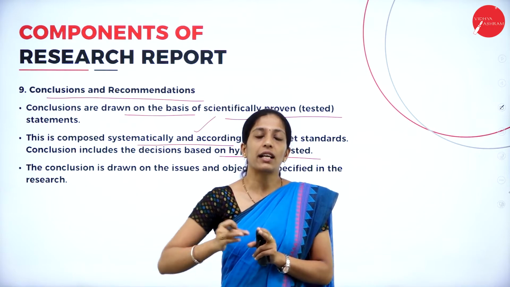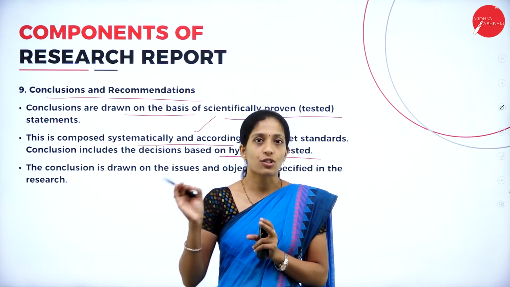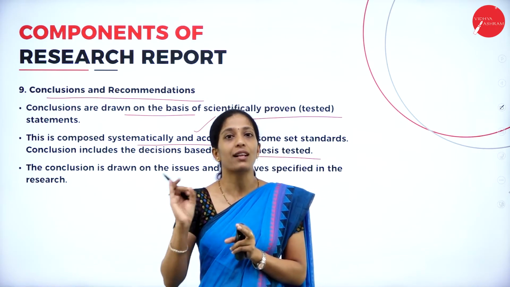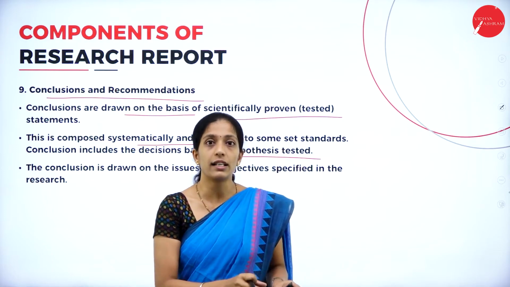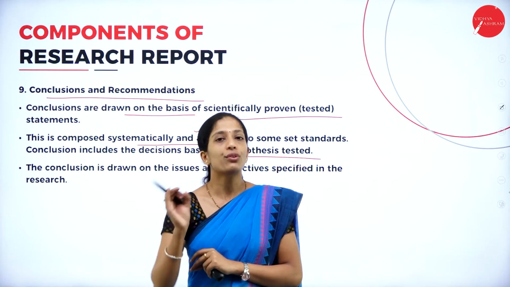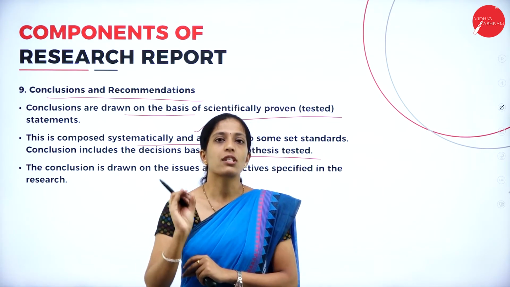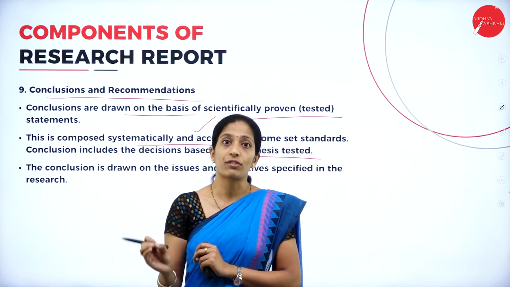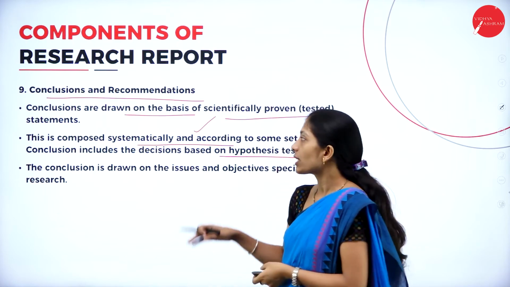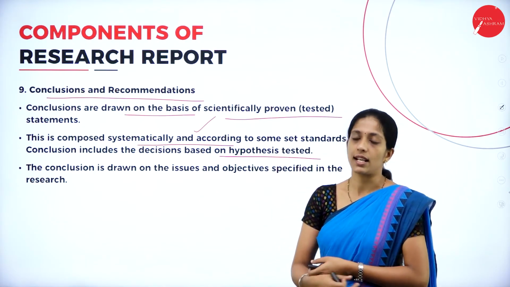Then after collecting the data, he will get the exact result. That is known as hypothesis testing, where they compare the assumptions they made earlier with the exact results they have got. Due to this hypothesis testing, they will come to know the actual result they have got at the end of the research work, and what decisions can be taken. So, here the conclusion should always be drawn based on hypothesis testing.